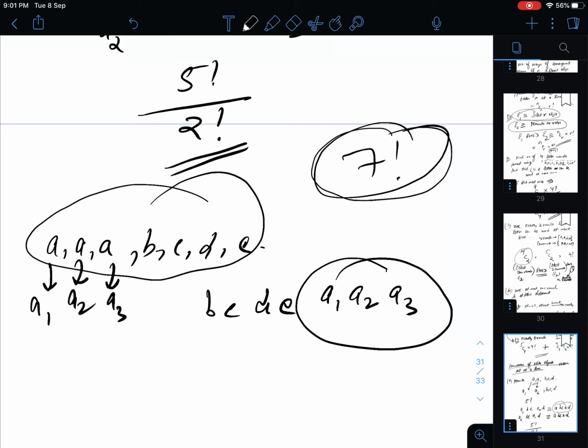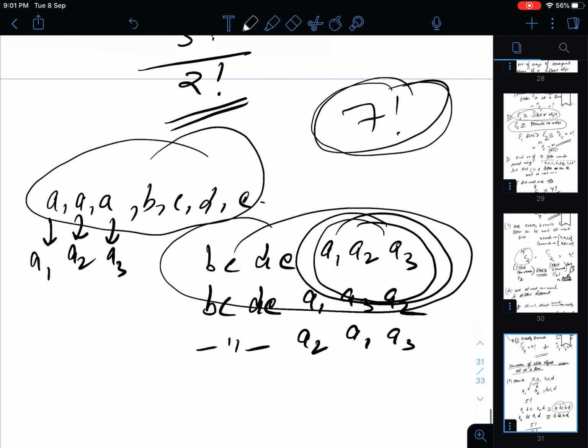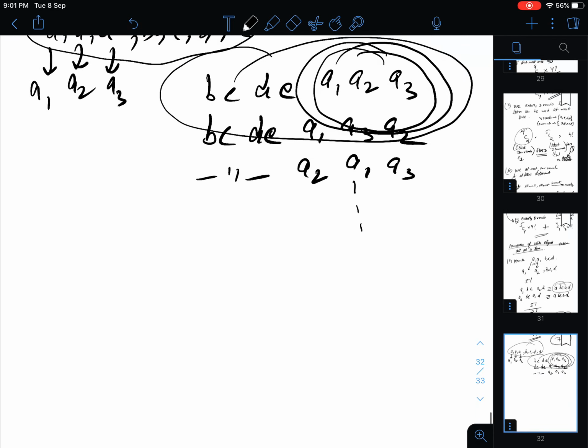But in these 7 factorial arrangements, consider this particular arrangement. Now, these 3 A's, A1, A2 and A3, you will have one arrangement as follows, which is A1, A3, A2. Then this will remain same, and then you will have A2, A1, A3. So, in fact, you will have six such arrangements in which A1, A2 and A3 will permute amongst themselves.